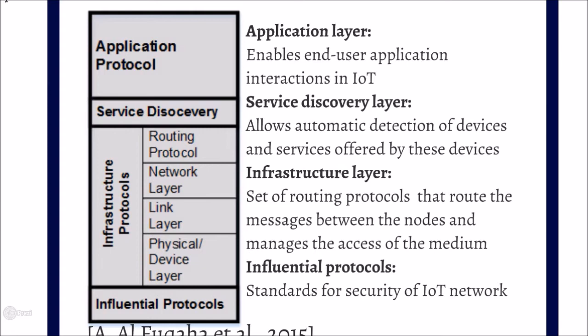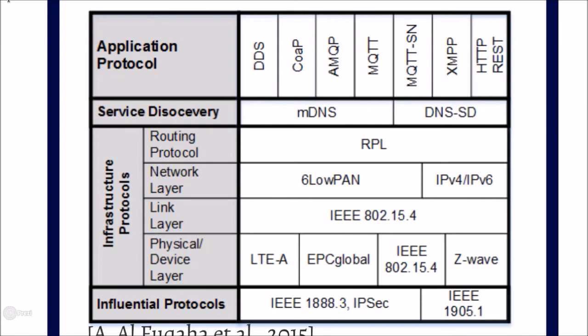This consists of standards for security in the network, but this layer actually encompasses all the layers. So here you can see example IoT protocols that are actually used in smart homes. For our subtopic, we are going to look at the routing protocol. This protocol is called RPL.